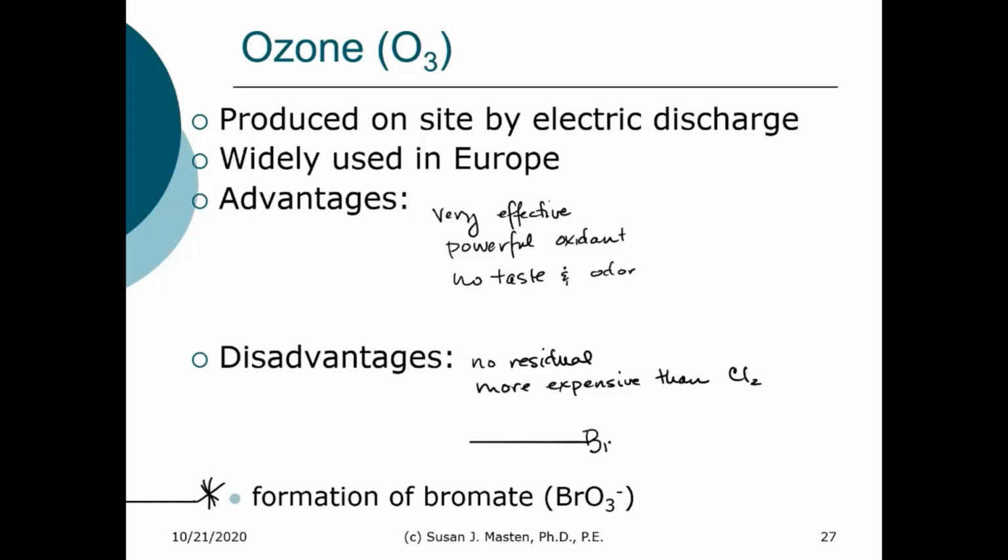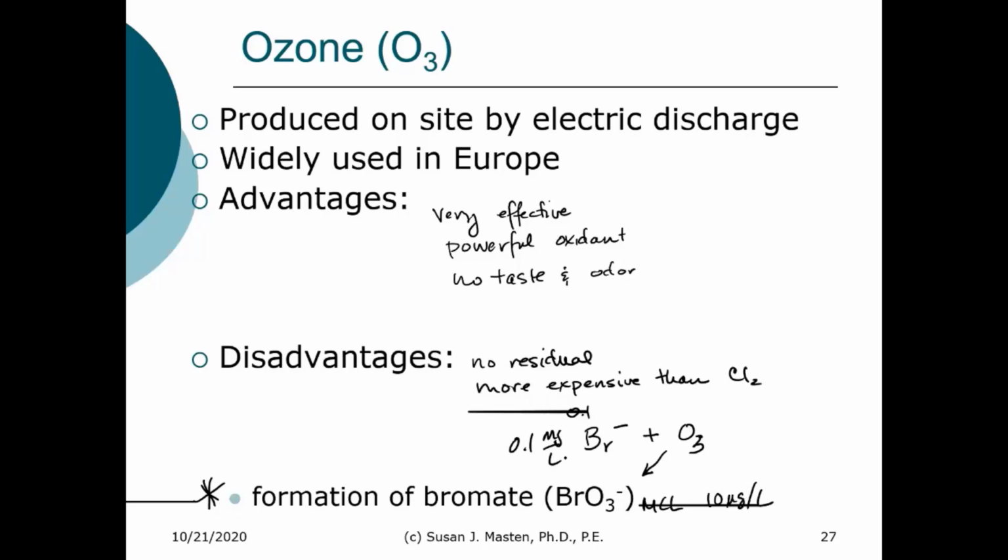So you have bromide in water that reacts with ozone to produce bromate. The MCL is 10 micrograms per liter in the US. And typically we use about a 0.1 milligram per liter cutoff for bromide.